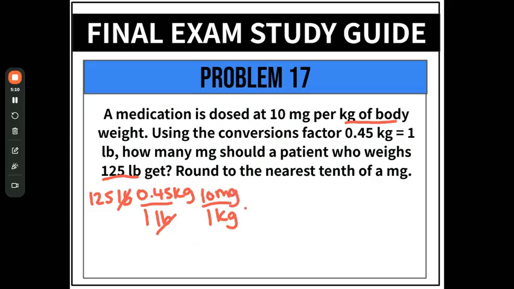So when we put this conversion factor there, we get the kilograms to cancel. And this is perfect because they want our answer to be in milligrams. So we need to multiply all the top together and all the bottom together. So when we do 125 times 0.45 times 10, we get 562.5 milligrams. And 1 times 1 on the bottom would just give us 1.